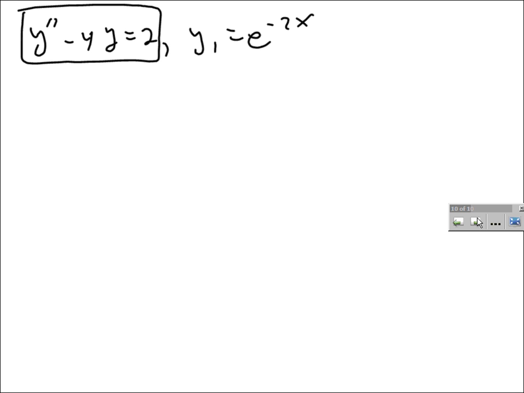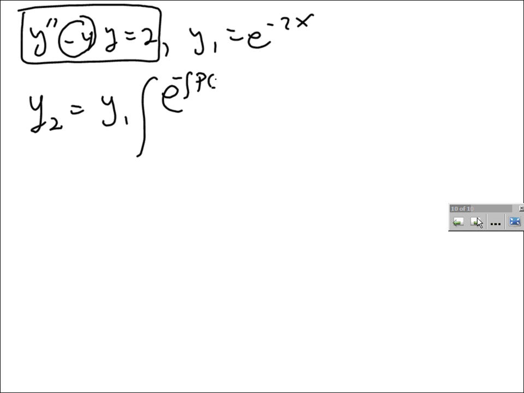And we want to find another solution. And right there is p of x. Another solution, which I'll call y2, is y1 times the integral of e to the negative integral of p of x dx all over y1 squared.